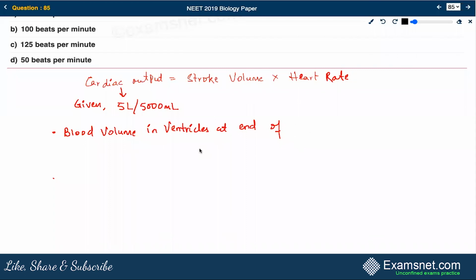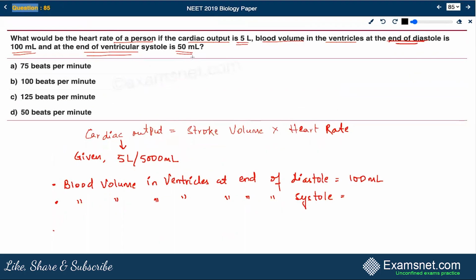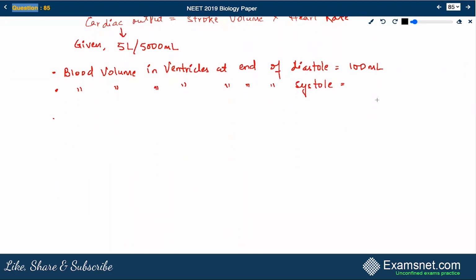So the blood volume in the ventricles at the end of diastole has been given as 100 ml. Now the blood volume in the ventricles at the end of systole, ventricular systole, has been given as 50 ml.